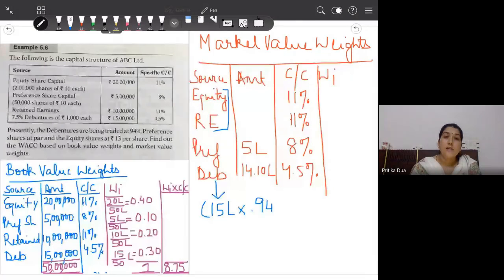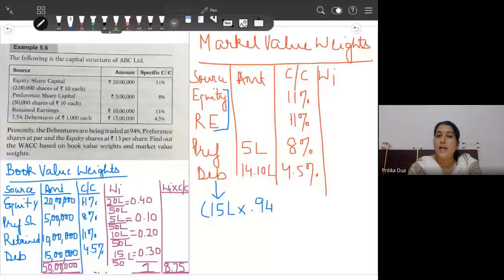Okay. The second thing to understand, as I told you, is equity and retained earnings. Now how will you calculate their value when the market value of shares is given as 13 per share? Now, if you remember, retained earnings are part of equity share capital. When we calculate the debt equity ratio, in equity we take equity share capital plus retained earnings.